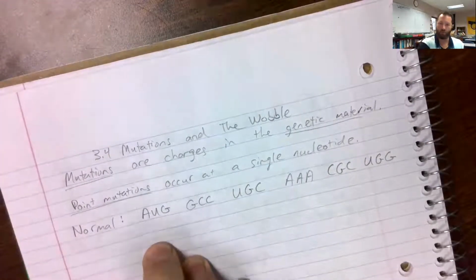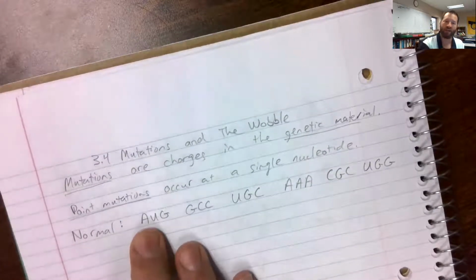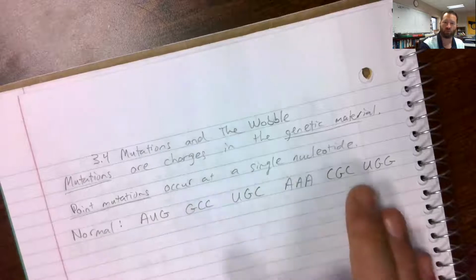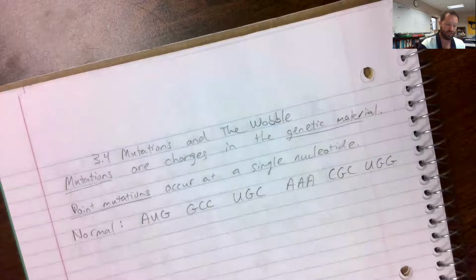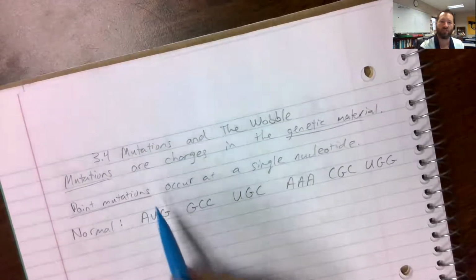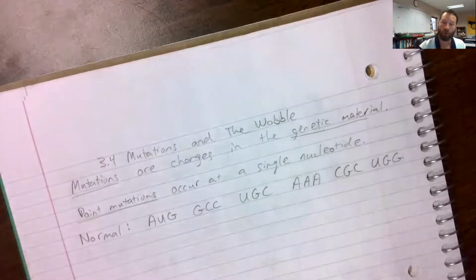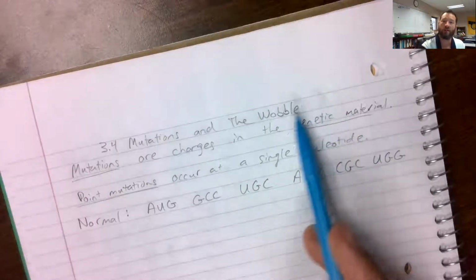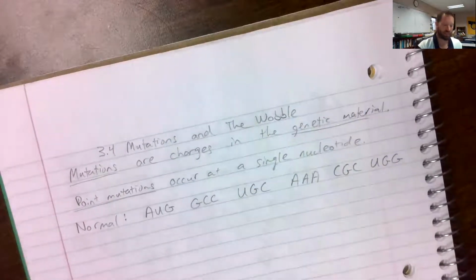First thing to point out, you can tell I'm working in RNA and not DNA because I've got a couple of U's in there, and DNA doesn't have U, instead it has T's. So I'm already kind of jumping ahead. I'm not doing the transcription part, so I'm not going from DNA to RNA. I'm just starting off with our RNA strand. But remember, the mutations we look at will have happened in the DNA, not the RNA. I'm just skipping a step.